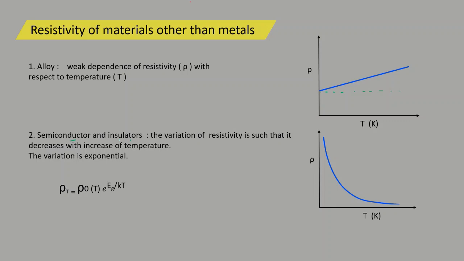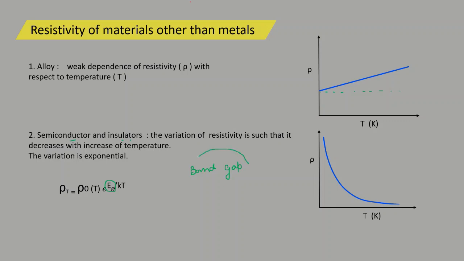But we know insulator doesn't allow the electron to pass. This is because it depends on the term Eg, that is the band gap. When the band gap of a material is high, even when we increase the temperature, the electron will not get sufficient energy to jump over this gap.